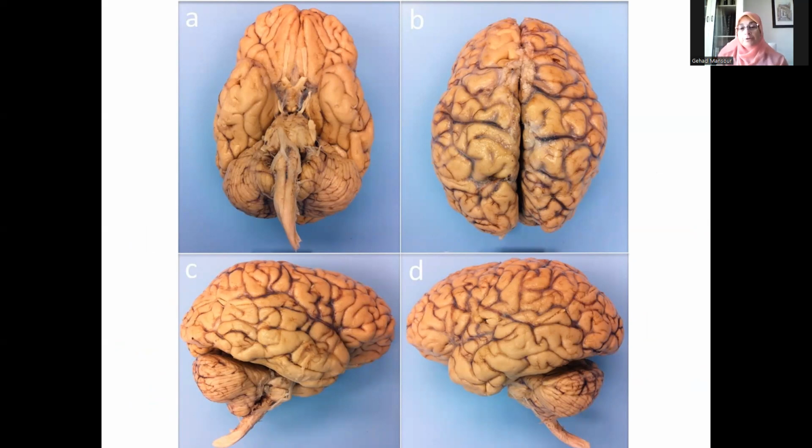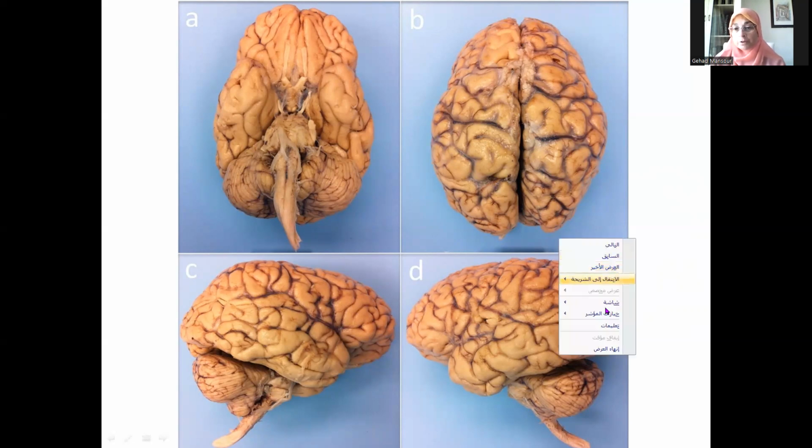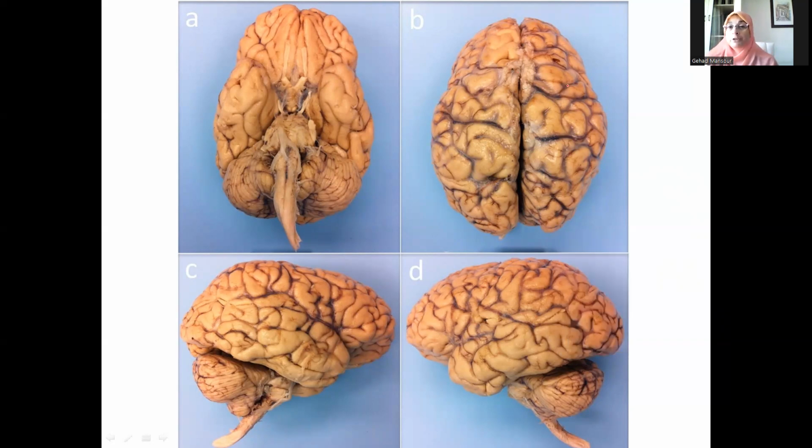So the first question here, I might get this diagram and ask you, for example, about this picture to the right, and ask you which surface of the brain is this? So you would say it is the superior surface.